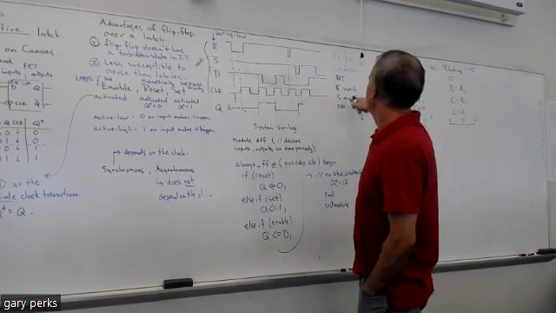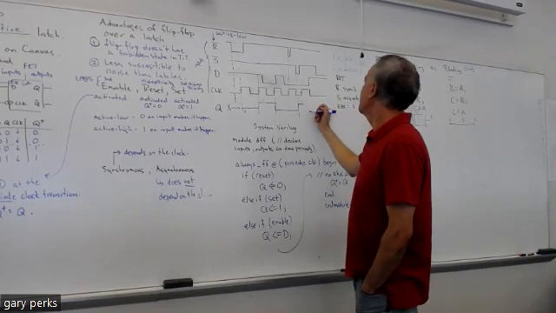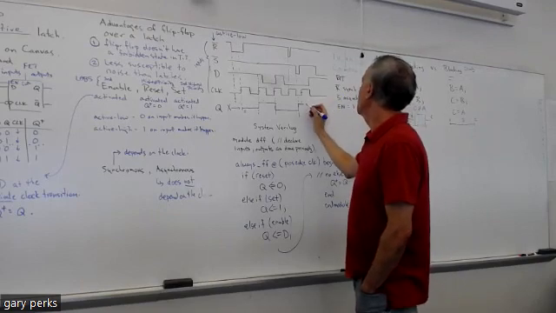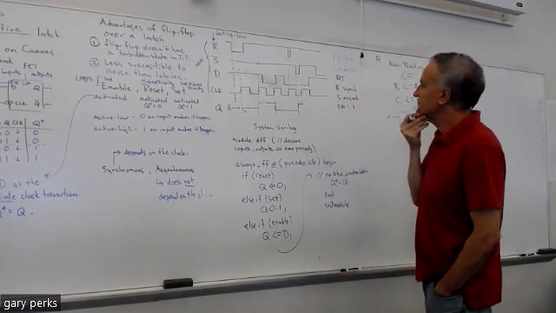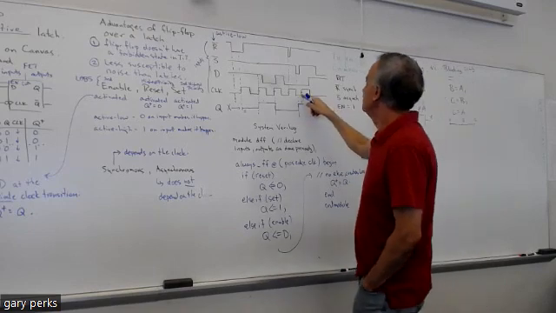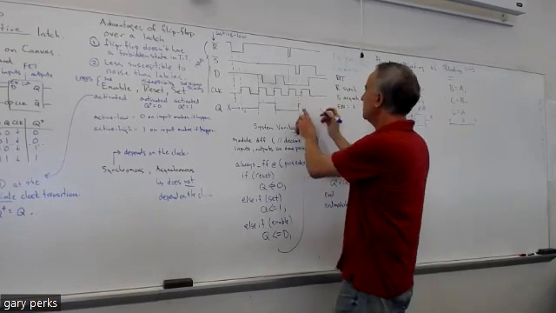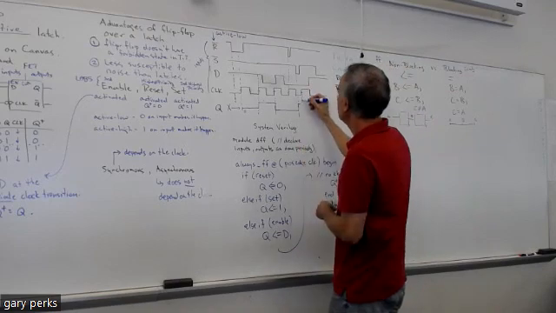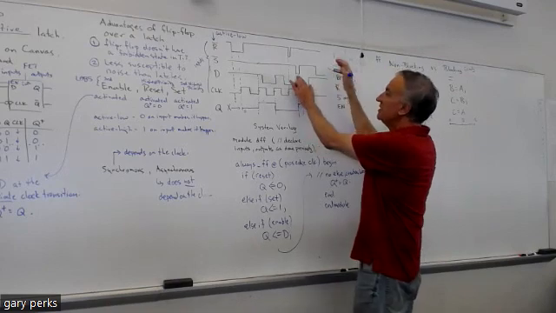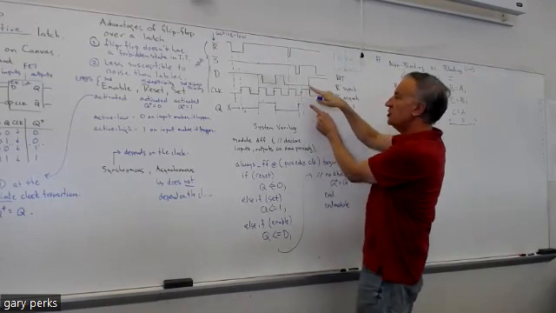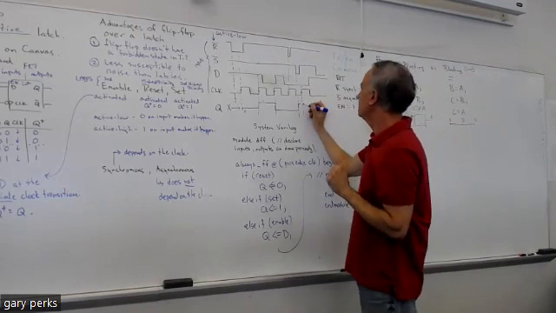It's set here because of the active low asynchronous set. And actually, well, where do you see it going low? Oh, right here. You're talking about, oh yeah, you're right. I didn't see that at first because it would go high here, and then we have another rising edge, and at that time we're not setting, we're not resetting, so Q would depend on D at the time of the rising edge. So yeah, you're right, it would go to 0.